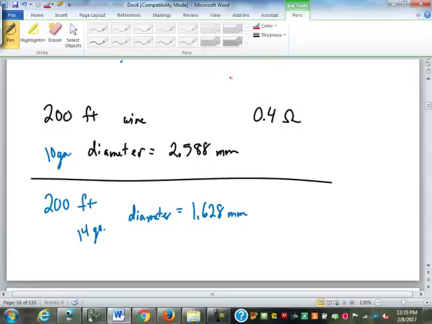Will the resistance be more or less in this new wire? Same length. This other one had a bigger diameter. This one has a smaller diameter. We reduce the diameter. What we're really comparing is the cross-sectional area. But we reduce the diameter, we reduce the cross-sectional area, it increases the resistance.